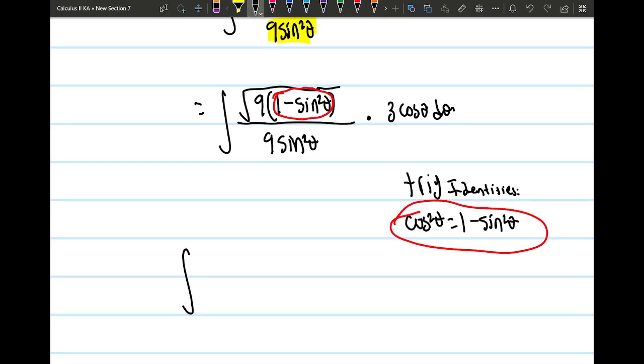The integral of the square root of 9 times cosine squared of theta, and then over 9 sine squared of theta times 3 cosine of theta d theta.